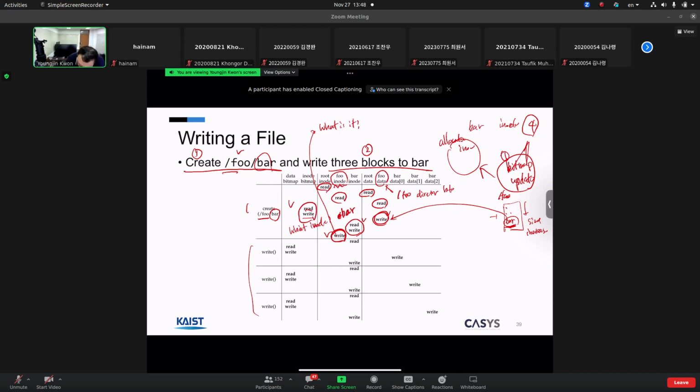To create this, first read the root inode block again, read the root directory block, read the foo directory block, read the foo data block, update the inode bitmap, write back this foo data, write back this foo inode, and update the foo bar inode and foo inode. If this sequence changes, writing the foo bar inode first and foo data later, does it work? Does it work? Okay or not?